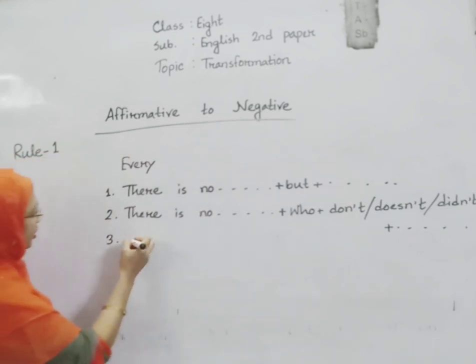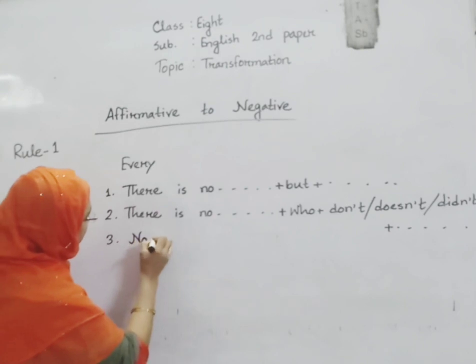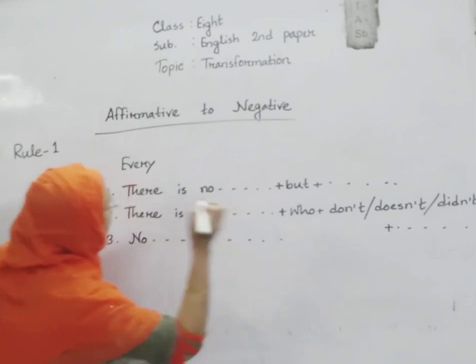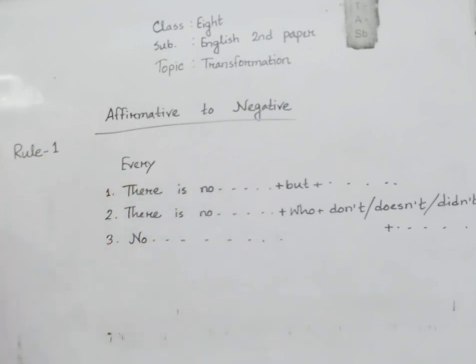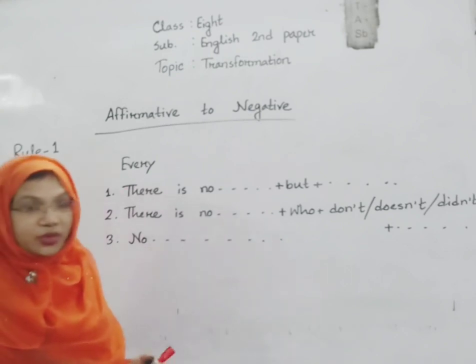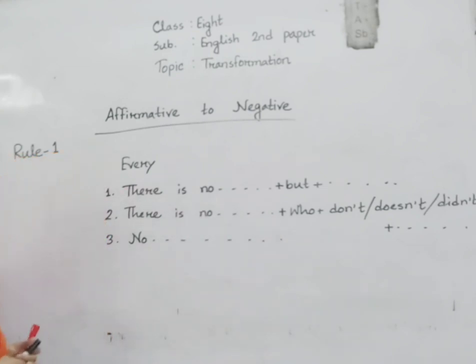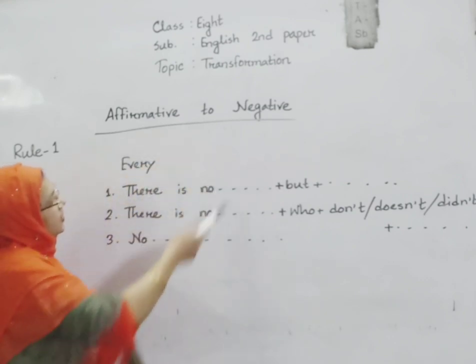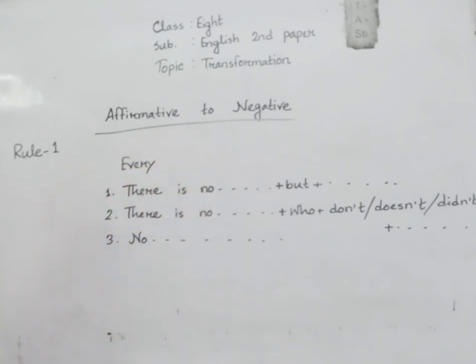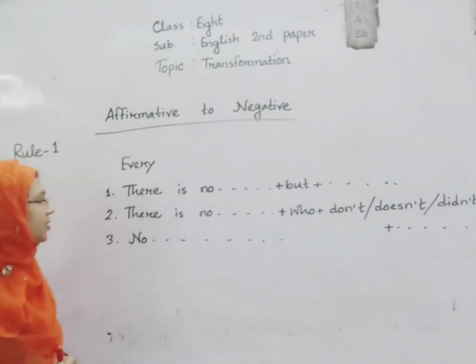Or number 3, no dot dot. That's the rule, dear students, for making the sentences into negative if there is every in affirmative sentence.